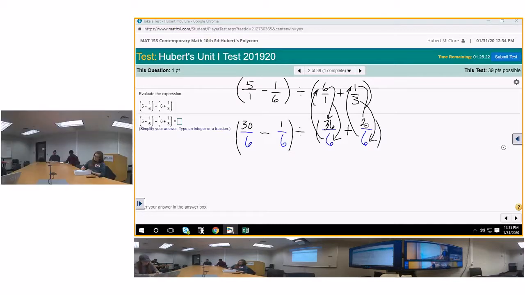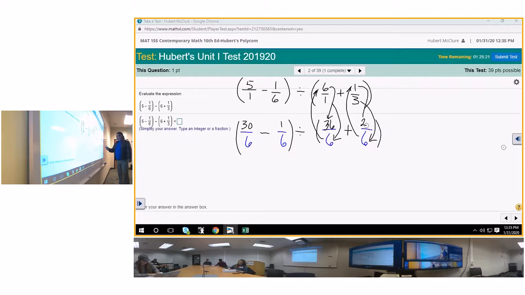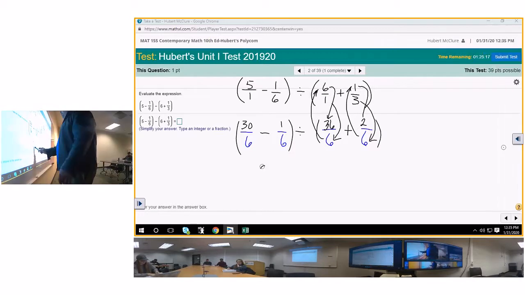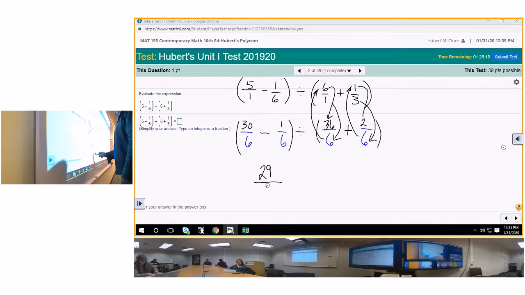What's 30 minus 1? 29. So that comes out to be 29 over 6. Divided by, what's 36 plus 2? 38 over 6. What happens when you divide by a fraction?